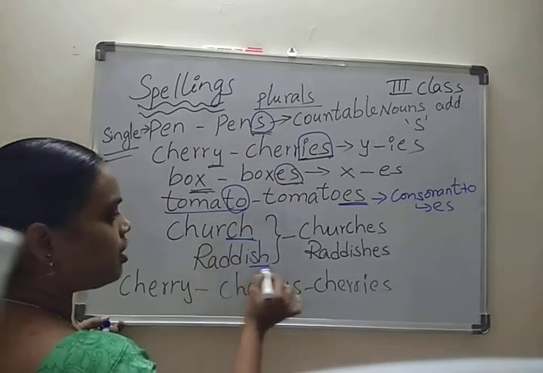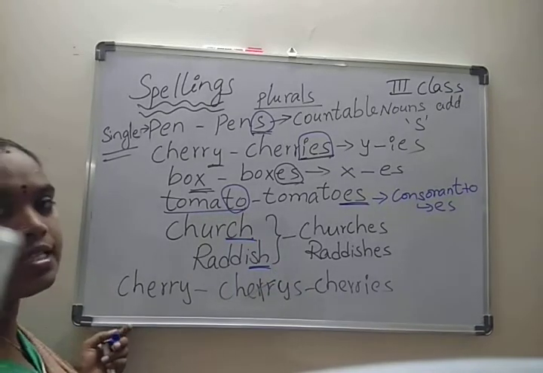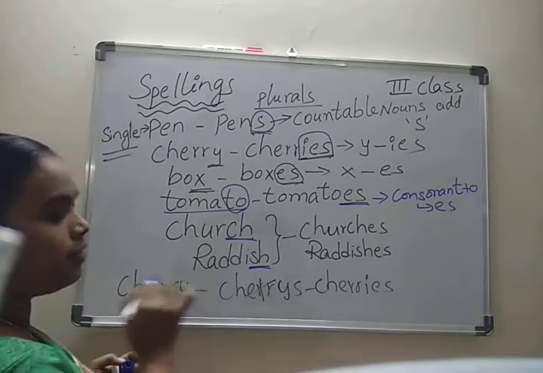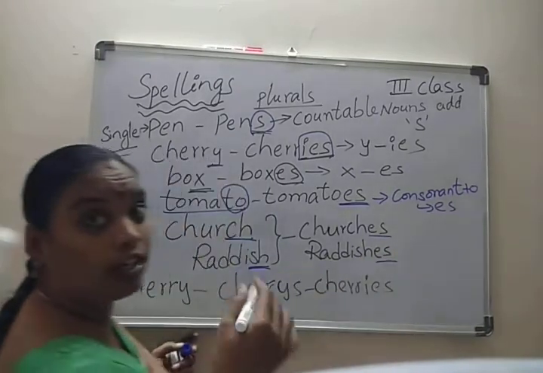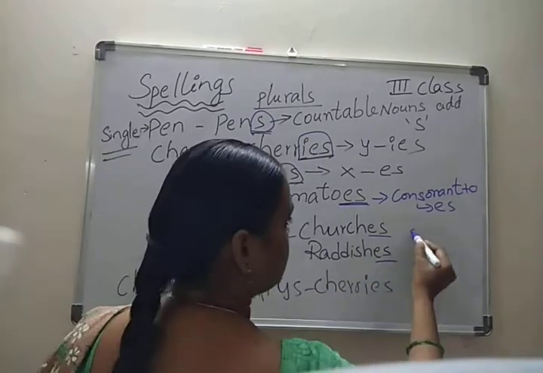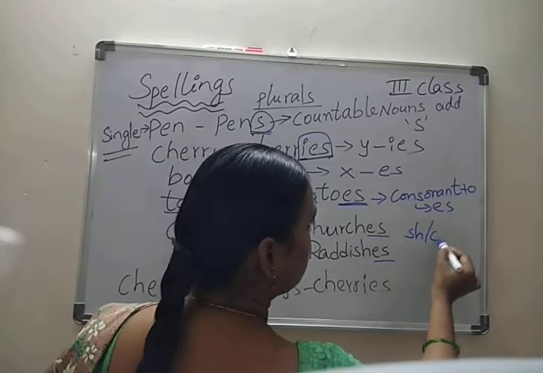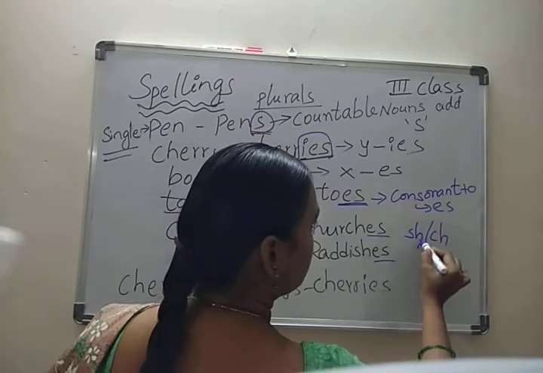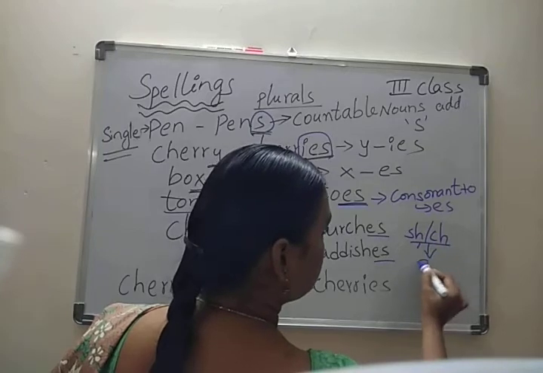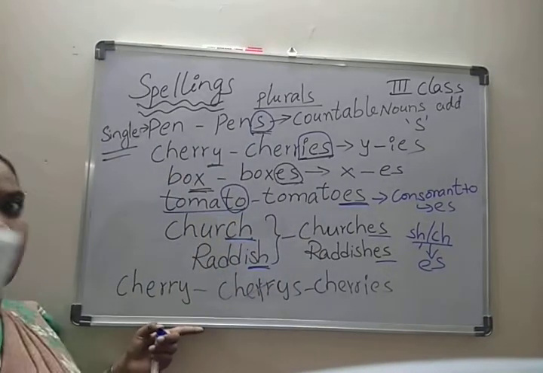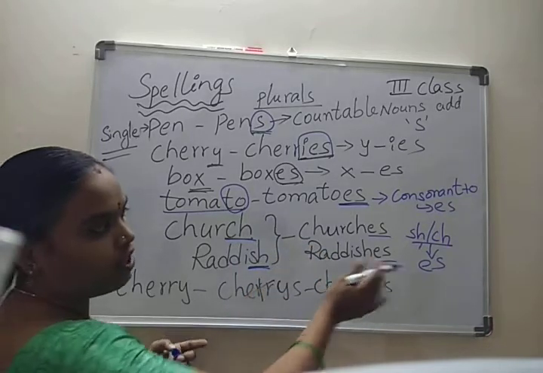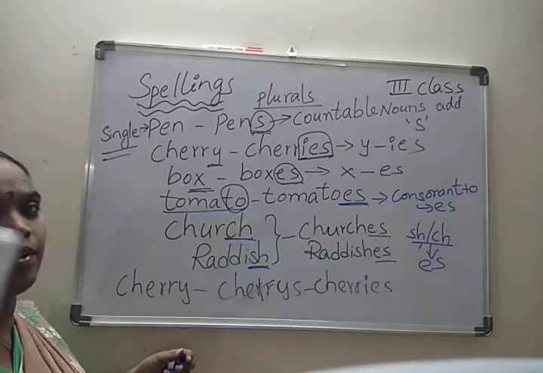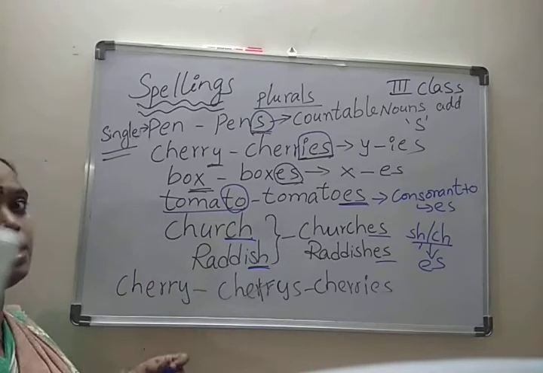Church. CH or SH are the last letters of that word. So what do we have to use while writing in plural? ES. With CH or SH, along with those letters we have to add ES, then it will become plural. This is about spellings.